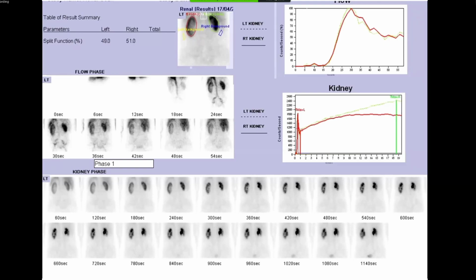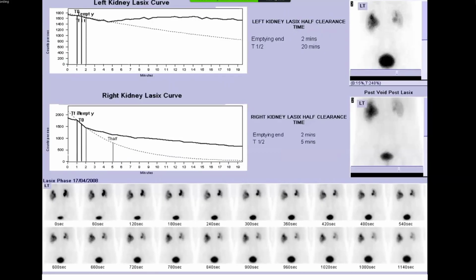Shall we go to the next page and see what happens after Lasix?